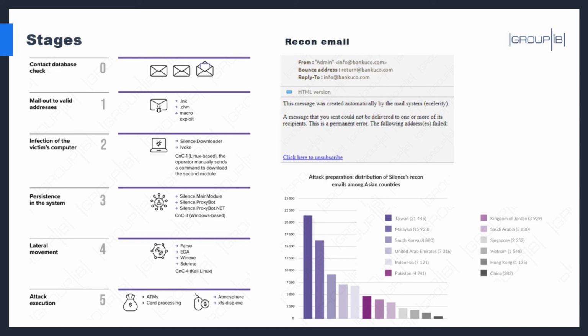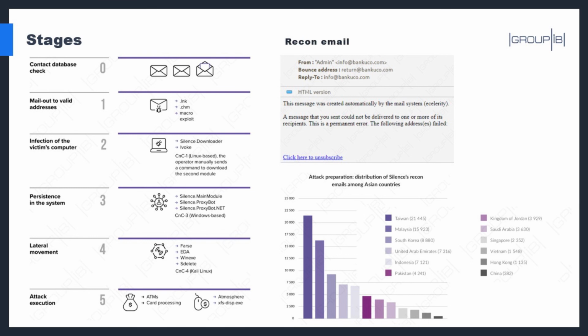Also this year, we found that they downloaded a new tool we named EDA, which is based on the projects Empire and DNSCat2. To control these tools, hackers use Kali Linux-based machines.